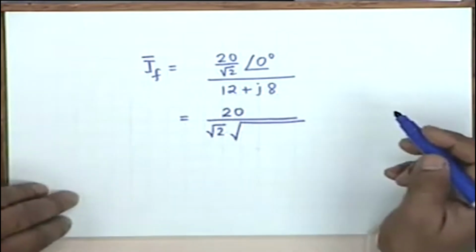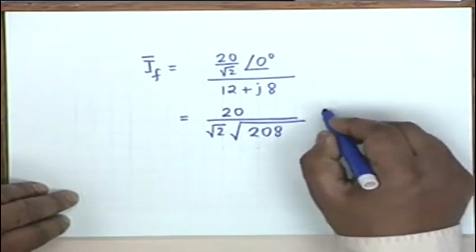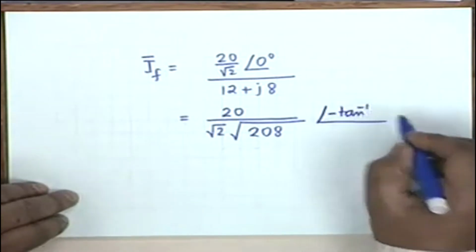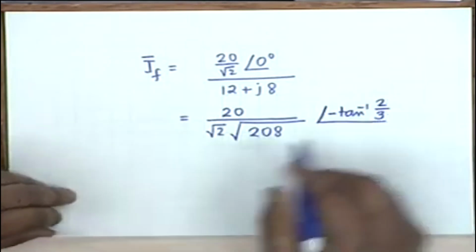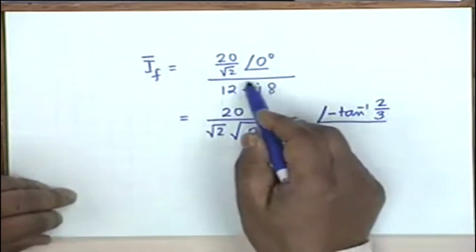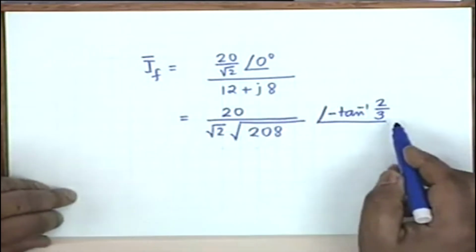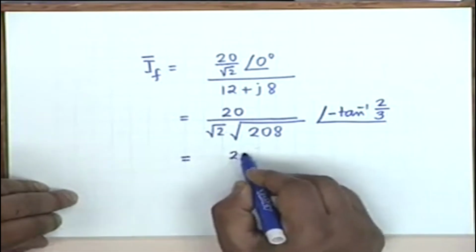How much is that? 208, and the angle would be minus tan inverse 2 by 3. Agreed? Minus tan inverse 2 by 3, because this is the angle of the denominator. When it goes to the numerator, it becomes negative.